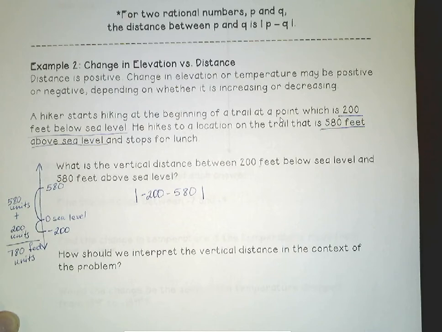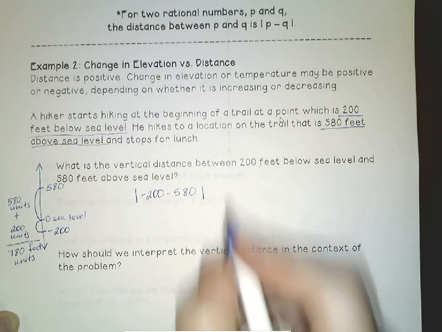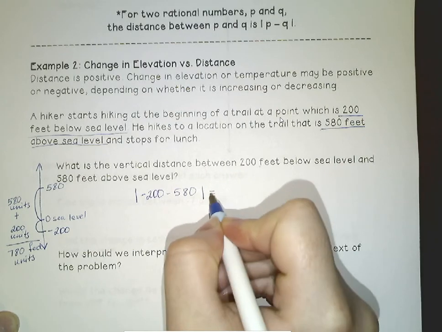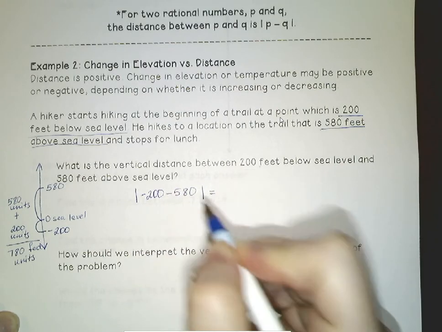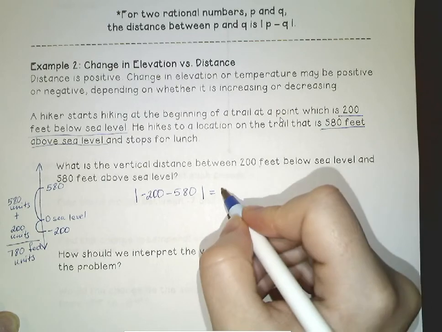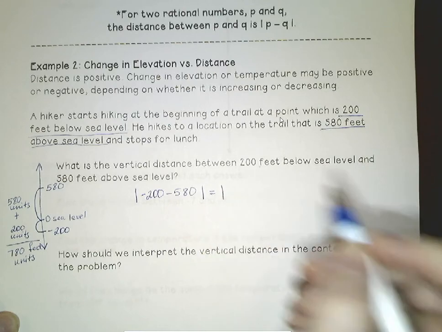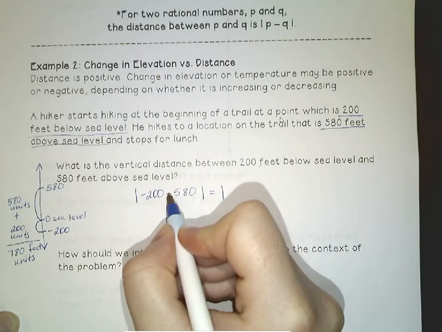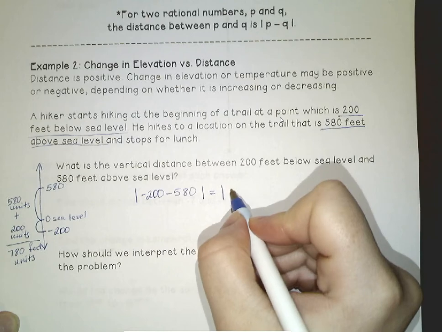From our lessons, we know that we are not working with subtraction anymore. So we will have to change our subtraction problem into an addition problem, where we add the additive inverse instead of subtracting. Okay, so again, we have our absolute value box, and instead of subtraction, we are going to write the addition problem.